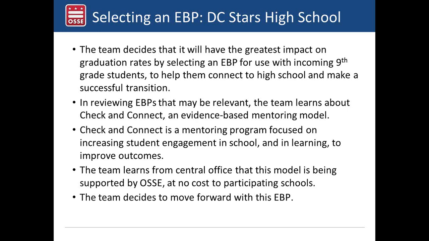In their review of EBPs, they learn about Check and Connect, which is an evidence-based mentoring model focused on increasing student engagement in school and in learning to improve outcomes. The school team learns from their central office that this particular model is being offered by ESSA at no cost to the participating school. So the team decides to move forward with this EBP.